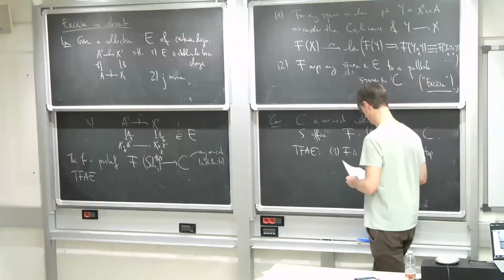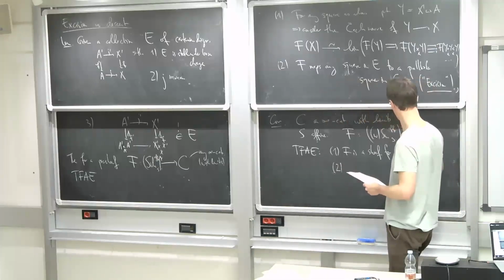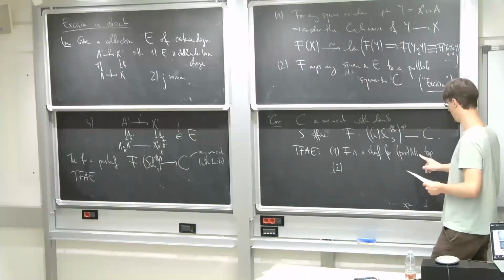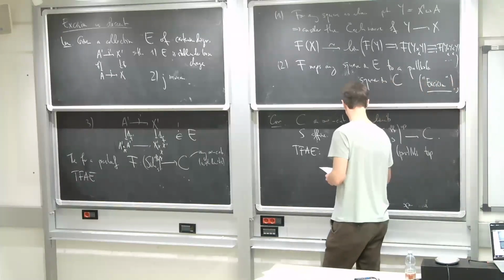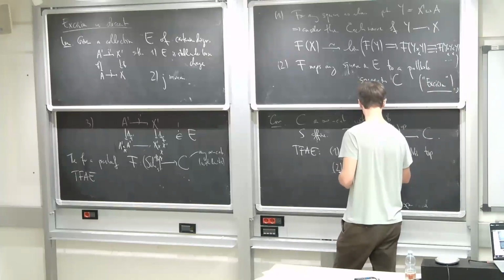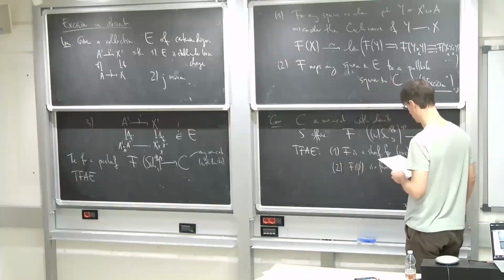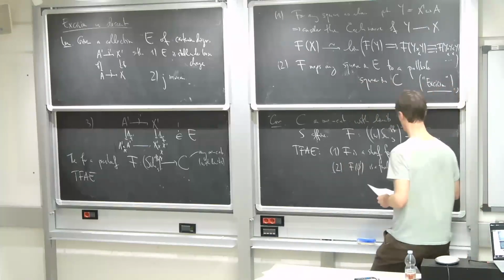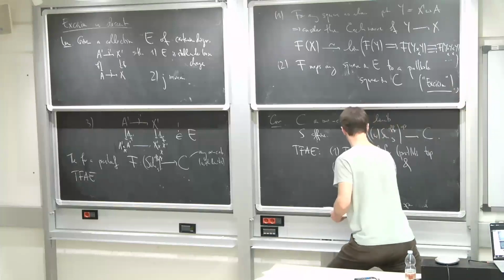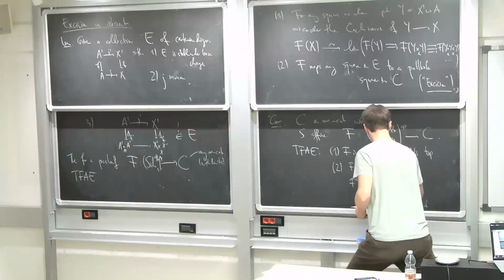And secondly, in this product image, we have this one condition that we have this empty cover, so that's something we have to still keep. So f of the empty set is the final object. Okay, this is a boring condition. And the interesting one is that f maps these distinguished squares to a pullback square.